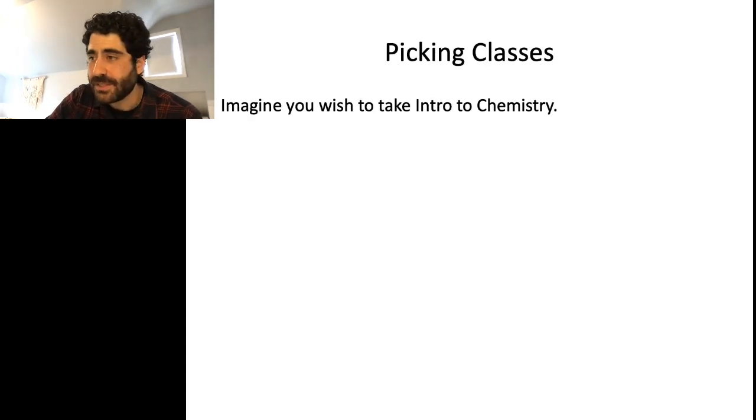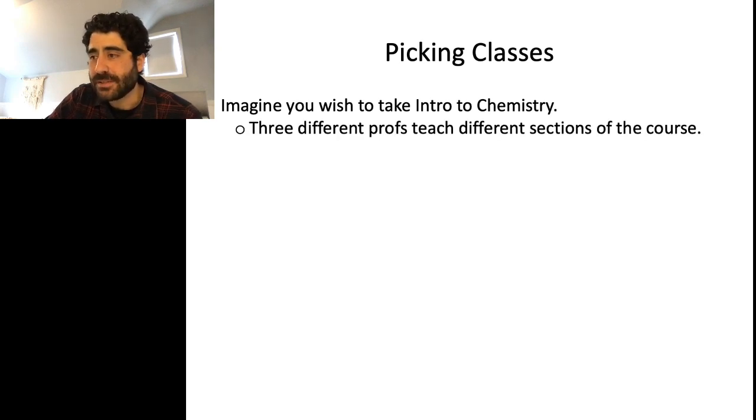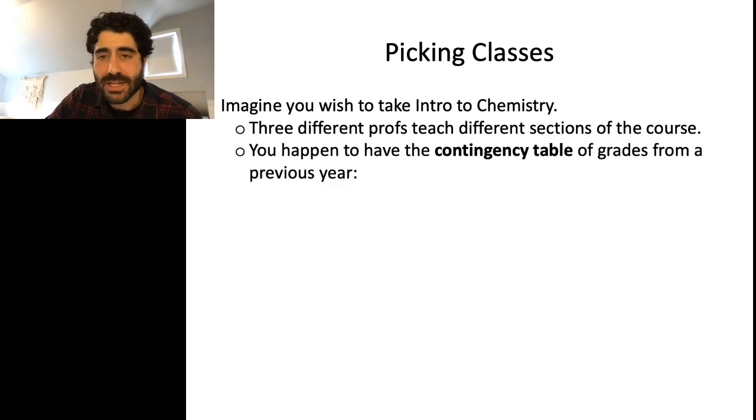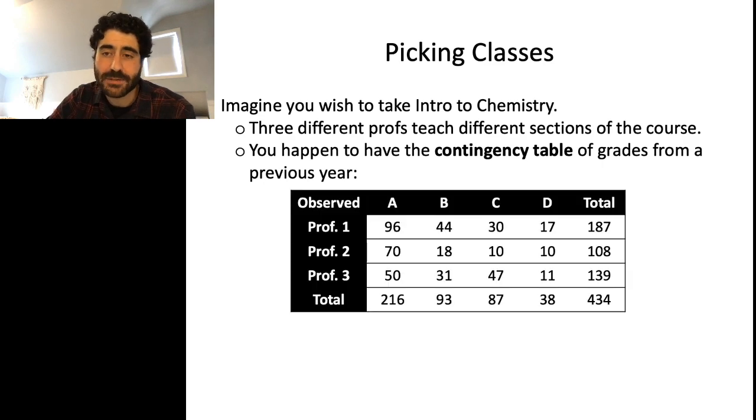So the example we're going to do is that imagine you're trying to take a class, and you have a choice among 3 different professors to teach the class. And you have from the previous year what we call a contingency table, which all this means is that this is just a table that counts up all of the combinations of outcomes from the previous year.